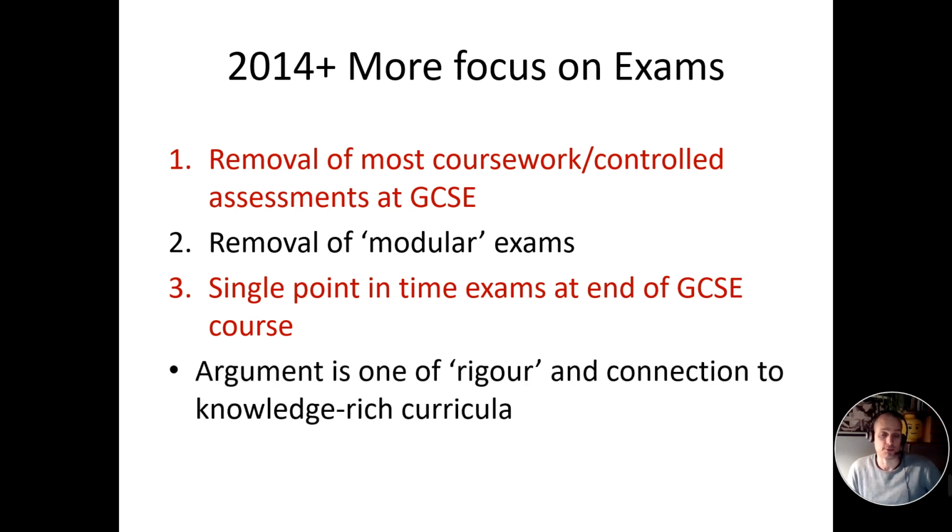And the argument put forward for that is that this will give a more rigorous system. Exams are tougher and provide more rigor, and they better assess the knowledge-rich curricula which were brought in at the same time.